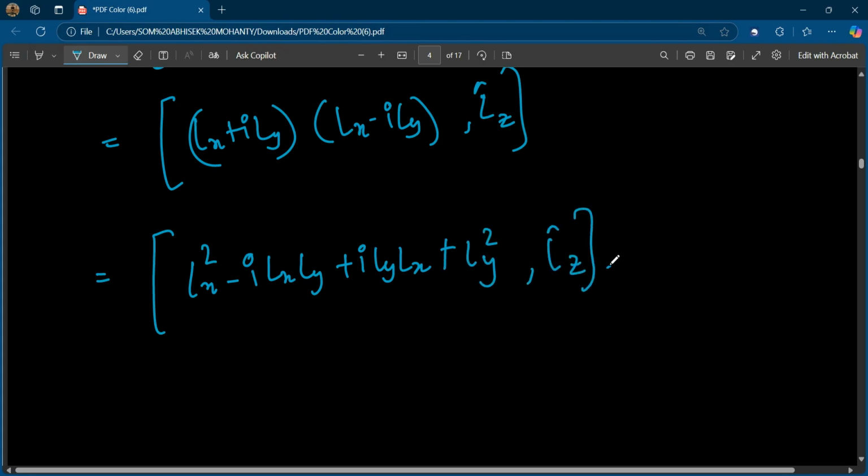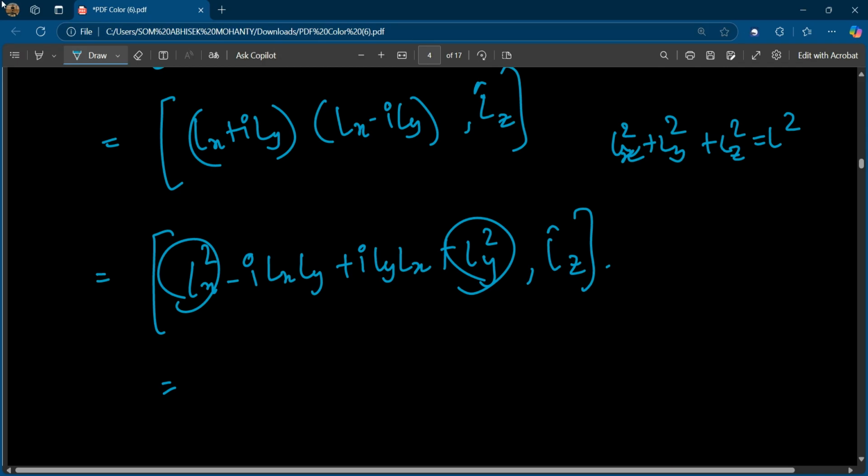We know Lx square plus Ly square plus Lz square is equal to L square, correct? So we can write Lx square plus Ly square as L square minus Lz square, and then minus i Lx Ly.